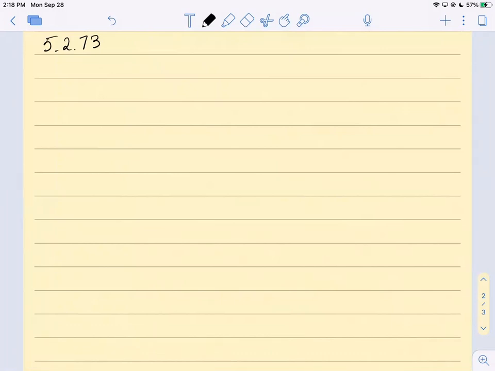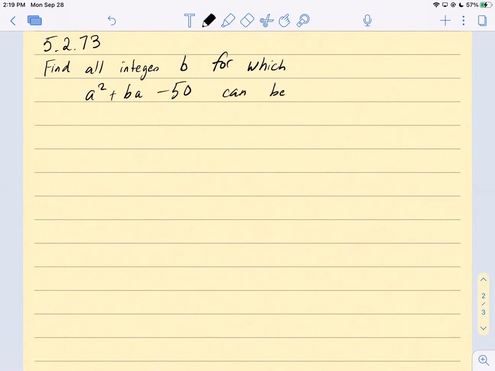This one's one of the more challenging ones. This one said, find all integers b for which a squared plus ba minus 50 can be factored.